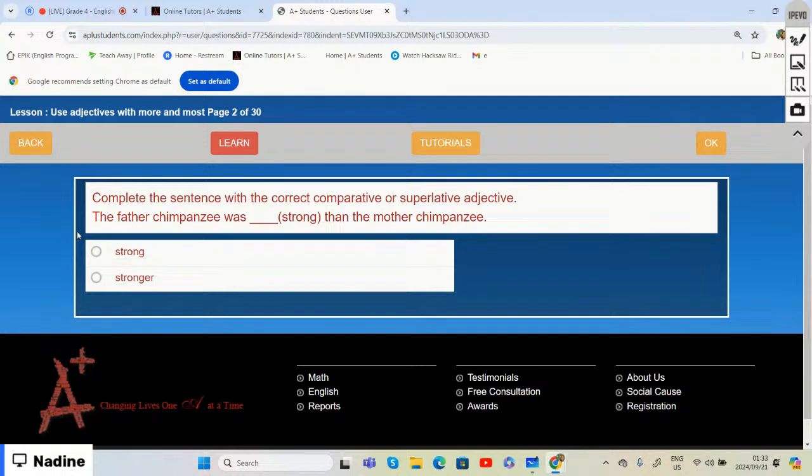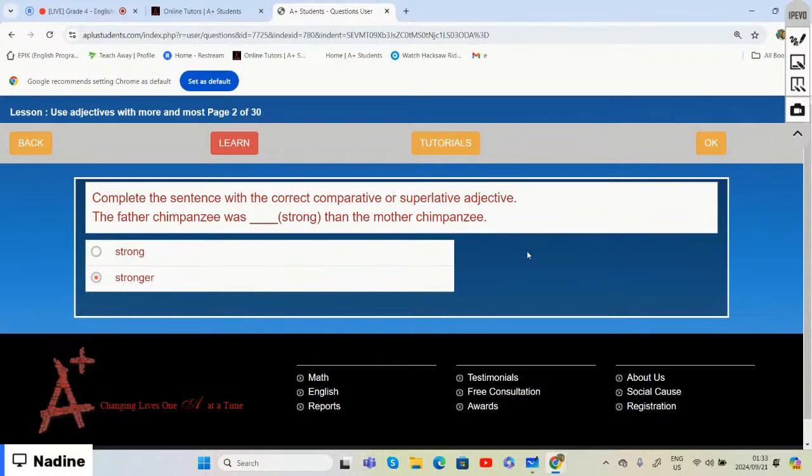So strong or stronger. And if we were to choose the correct option, we will say the father chimpanzee was stronger, because now it's being compared to the mother.